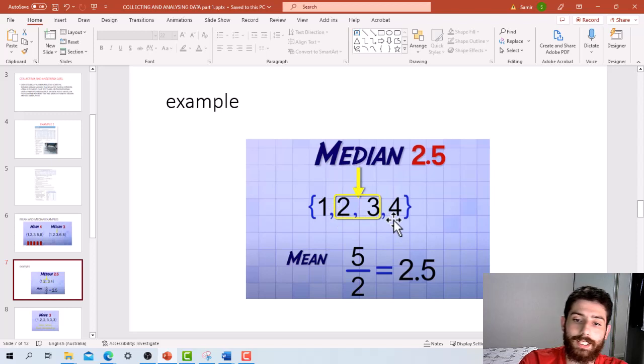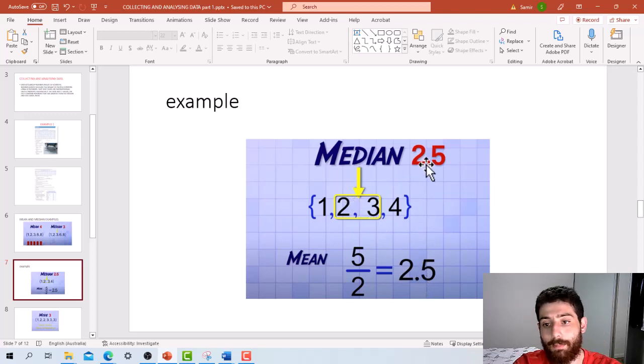So for that reason, by the definition that the median splits the data, when we have an even number of numbers, we add the two middle ones, 2 plus 3, and divide by 2. We get the average here. So sometimes in order to get the median, we need to get the mean of the middle numbers, and we get 2.5. So the median in that example is 2.5. That means there are 2 numbers lower than 2.5 and 2 numbers larger than 2.5.